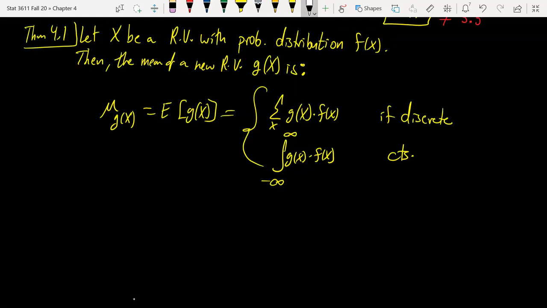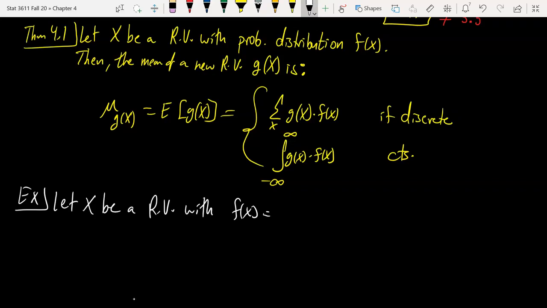And so instead of plugging in x, you're just going to plug in g of x. And in fact, let's dive into an example in the continuous sense right away. Let's say x is a random variable with PDF f of x equaling x squared over 3 for minus 1 less than x less than 2, 0 otherwise.